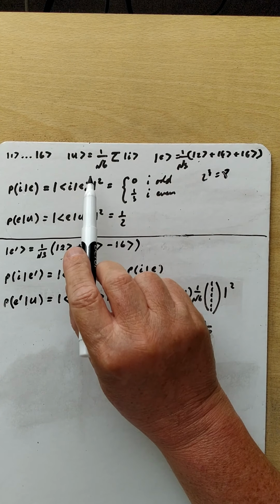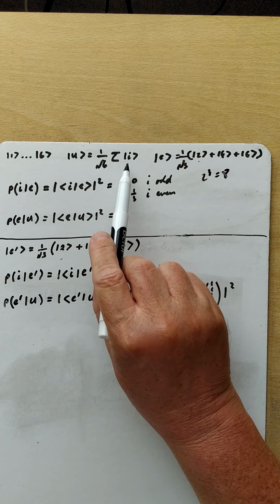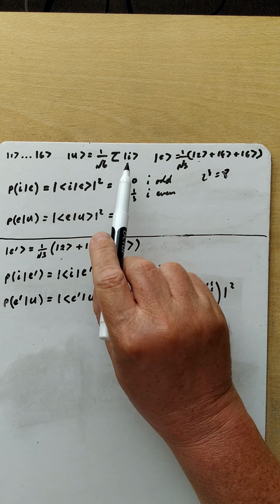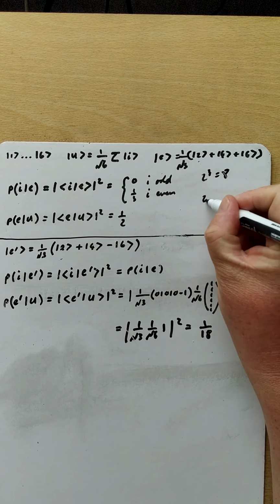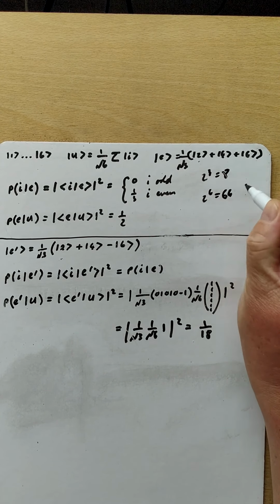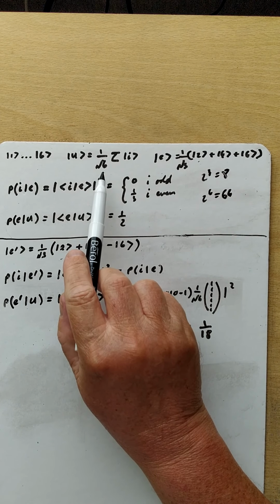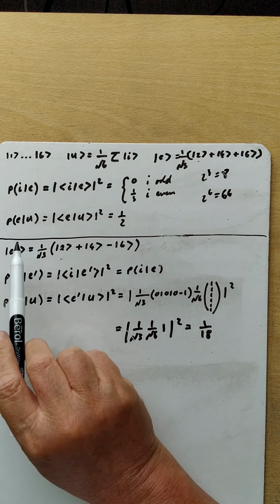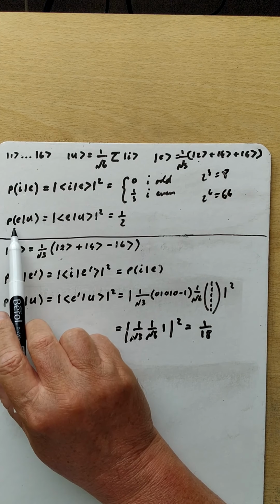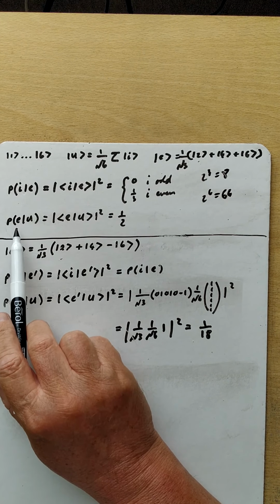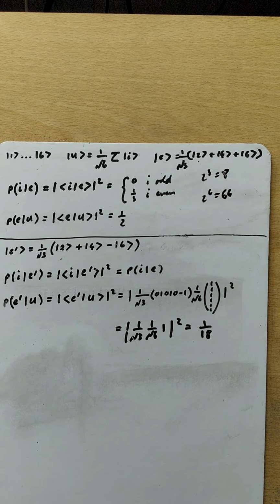The U state itself can have plus or minus 1 in each of its components. So that means there are 2 to the power 6 or 64 possible versions of the unknown state. And each one of those will lead to different probabilities for each of the possible even states.